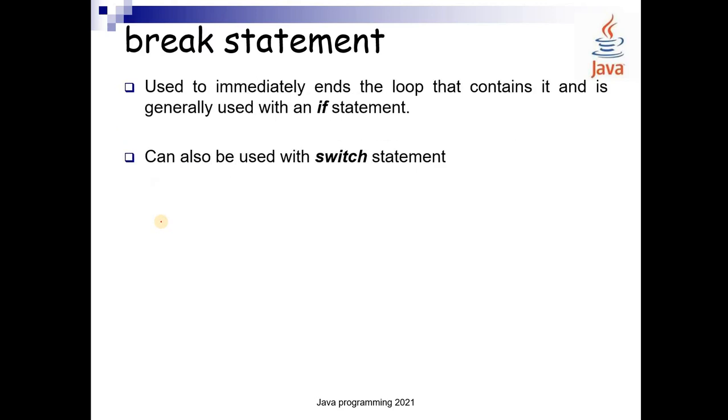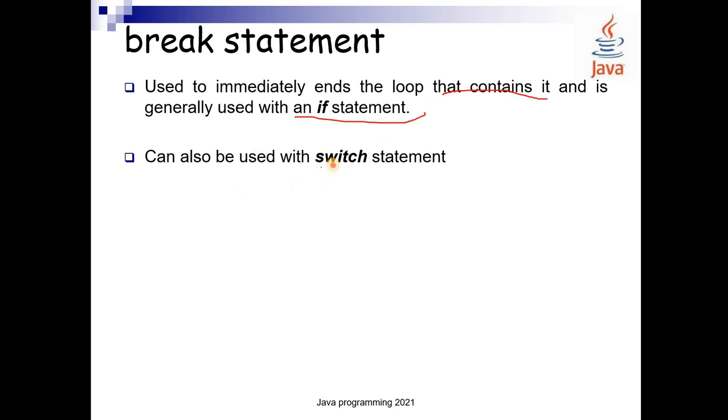Break statement is used to immediately end the loop that contains it. So when you put a break inside the loop, it's going to terminate the loop and move to the next control. It is used when you have an if statement to determine whether to break or not.